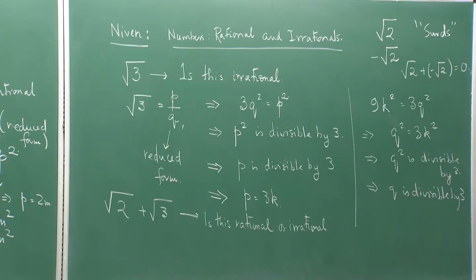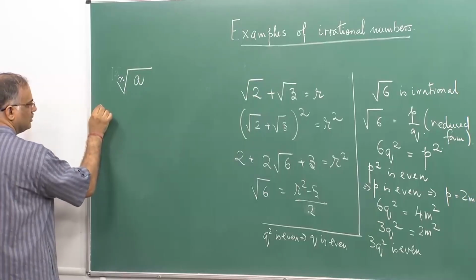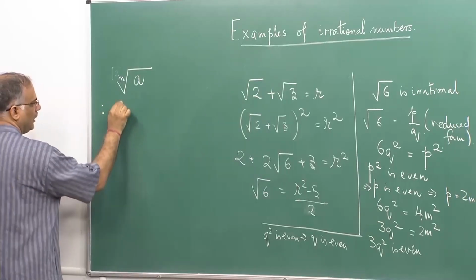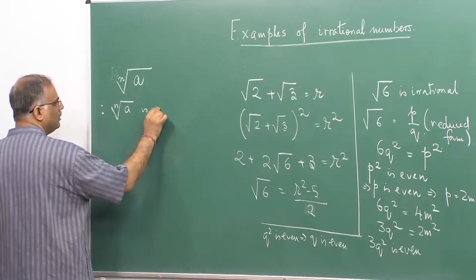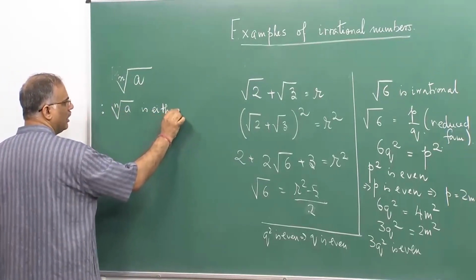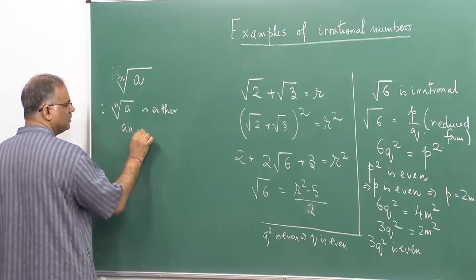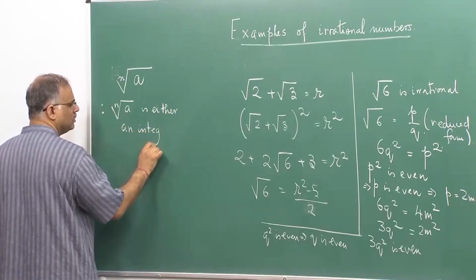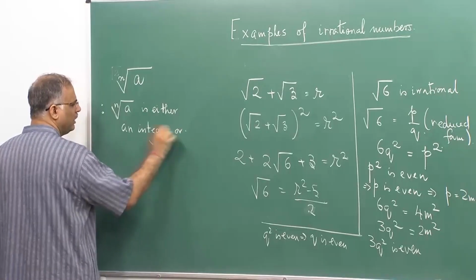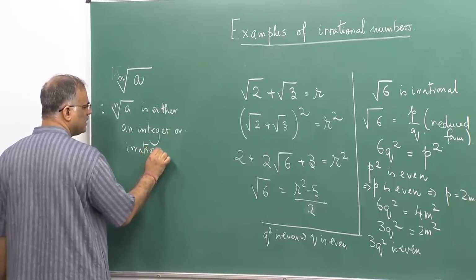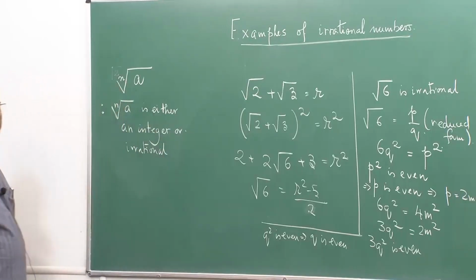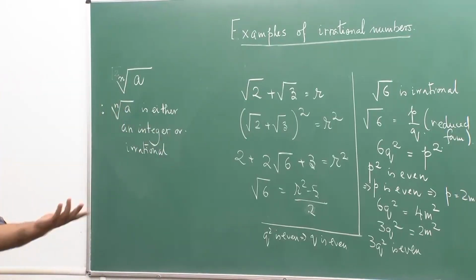The answer is that the nth root of a is either an integer or irrational. Of course, a is a positive number, naturally we are not talking about the root of a negative number here.